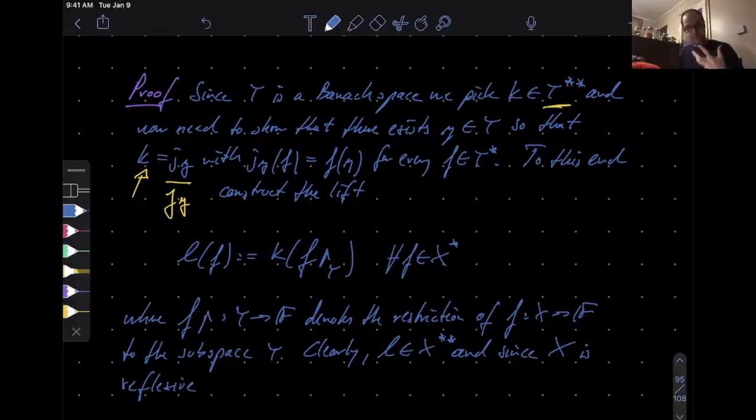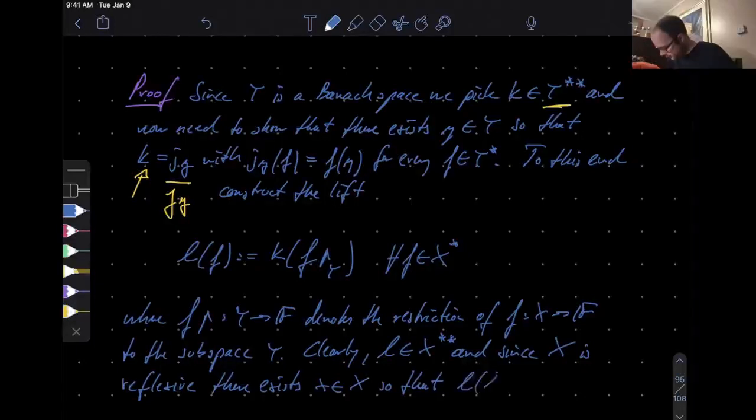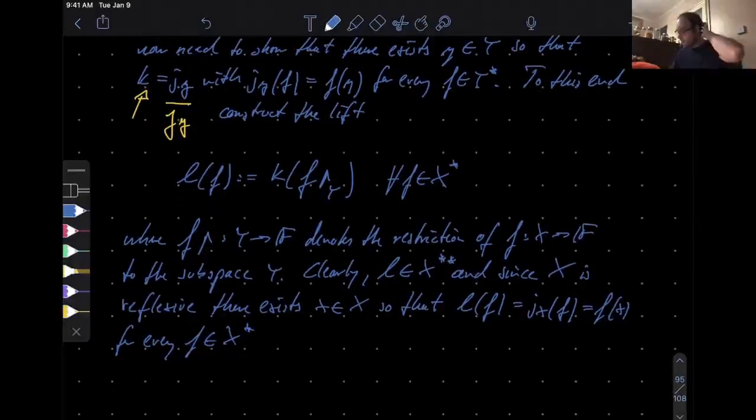It's in the image of the canonical map of X. Okay, so let's write this out. And since X is reflexive, there exists x in X, so that L of f is j sub x of f, which is f of x for every linear functional on X. This is because the big one is reflexive, all right?